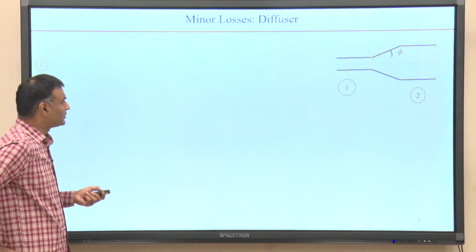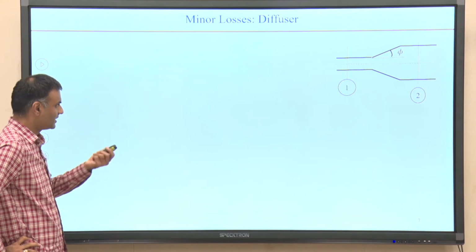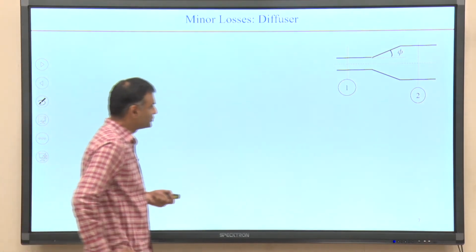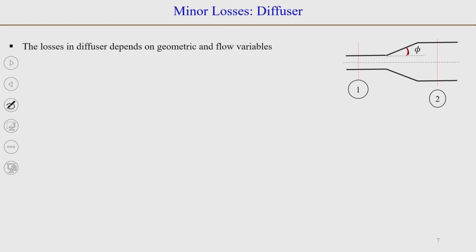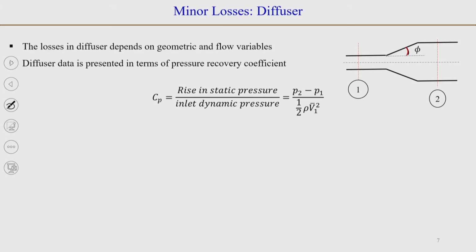So, if we talk about a diffuser, it can be characterized by an angle here, which is defined as phi, and the diffuser length. For example, the length over which the area or diameter changes from small d to capital D depends on this length, and can be defined in terms of this angle, which is called the half cone angle.